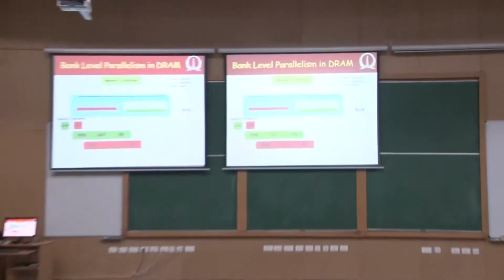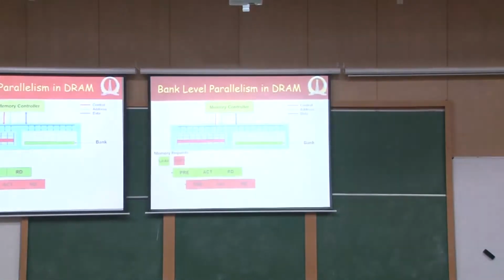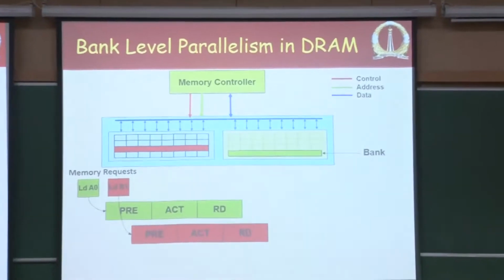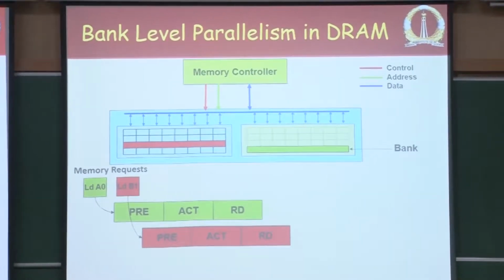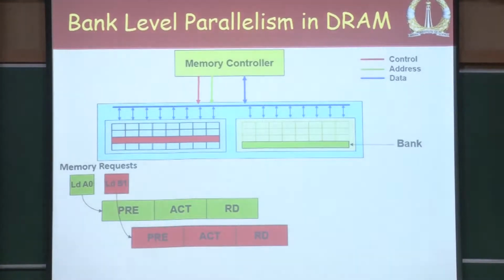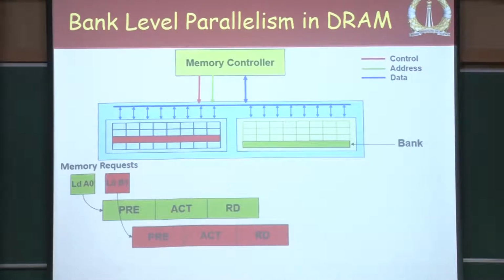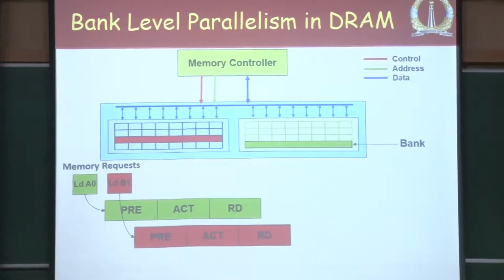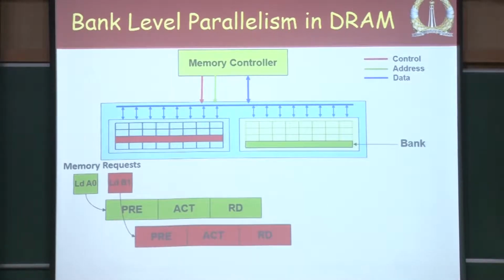Remember, the memory controller is first going to give a precharge, and after x number of cycles it is going to give an activate signal. After another y number of cycles it is going to give the read signal. So, it is going to give these commands one at a time to the memory, but the memory controller knows that bank A is busy, whereas bank B is idle at this point in time and my channel is available.